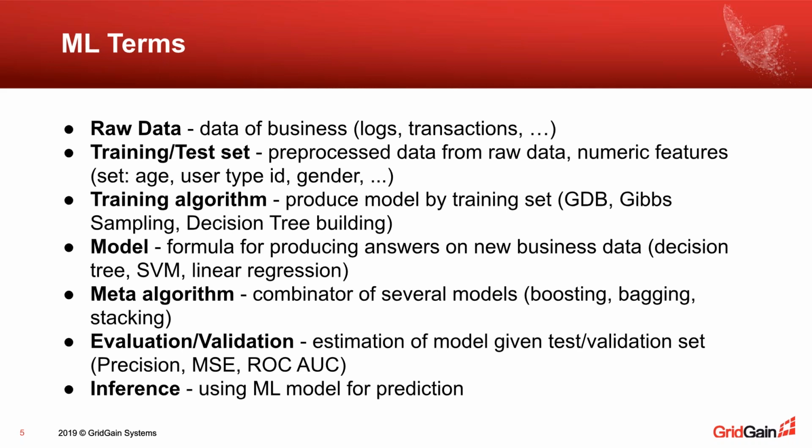Also, we have a meta algorithm. A meta algorithm is a combination of several models. We could combine our models in really different ways, and we have different approaches like boosting, bagging, stacking, etc. And after we have our model, we should evaluate or validate it.